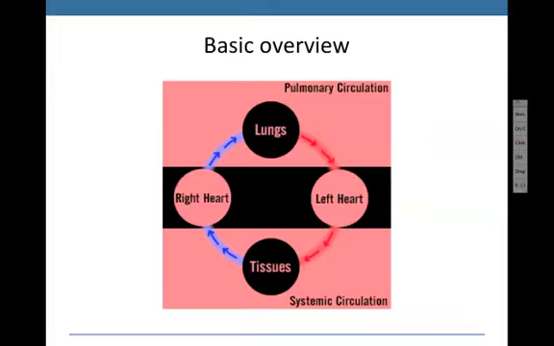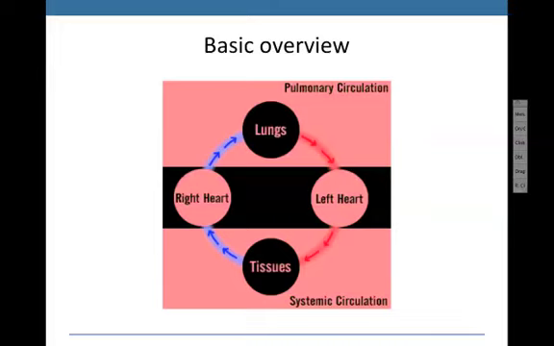Oxygen is used for energy production. It works with glucose in the mitochondrion. So the lungs now take the blood back to the heart. That's the end of the pulmonary circuit. From the right heart to the lungs, and the lungs back to the left heart.